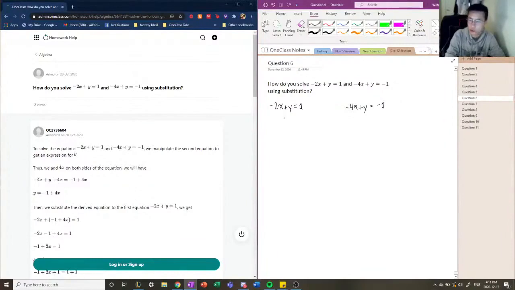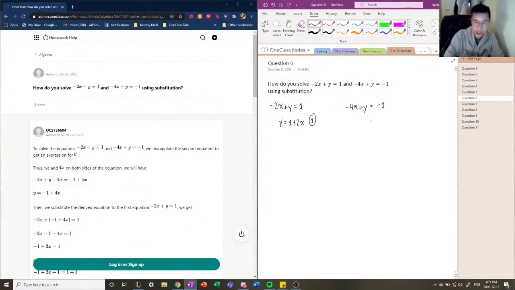So I'm going to use our first equation here. I'm going to isolate for y. So I'm going to manipulate it in a way that I move all the x's to one side. So I move the negative 2x to the right side by adding 2x to both sides. So I get this. All right, and I'm going to label this 1.